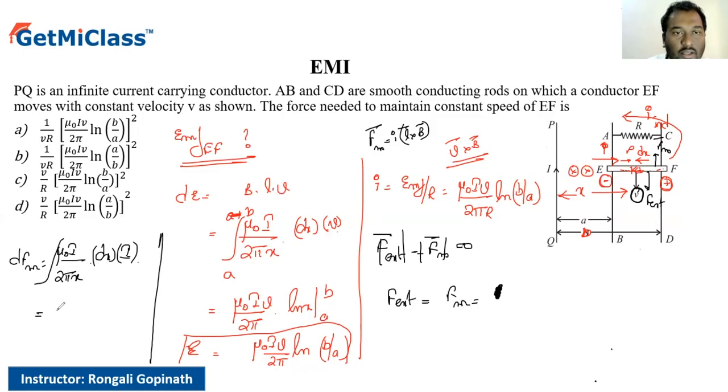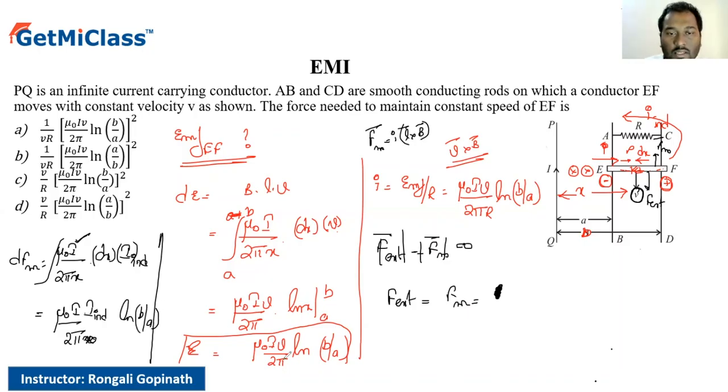Integrating it again, you will get mu naught I square by, this I is the induced current, this I is the current flowing in the infinite current carrying conductor. So this is mu naught I into I induced by 2 pi ln of B by A.